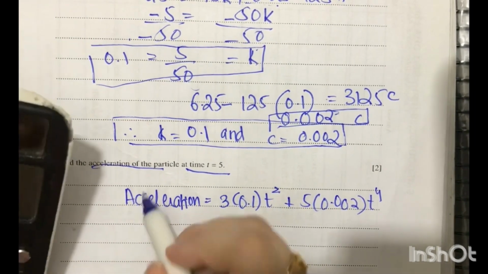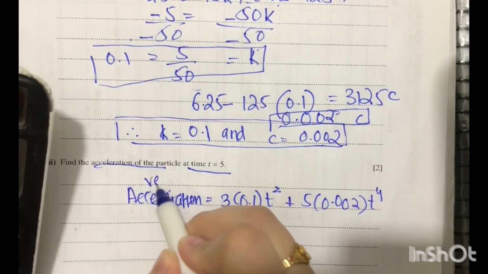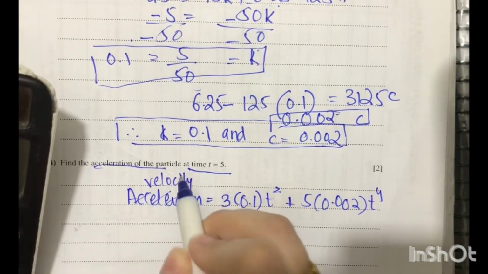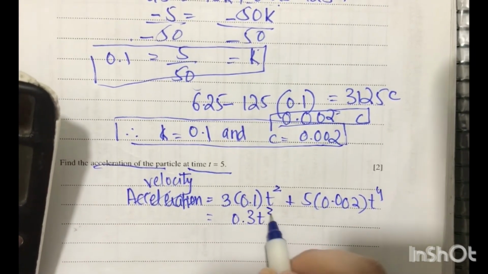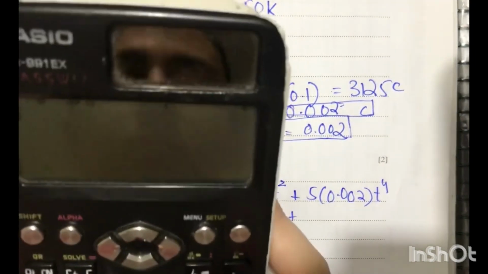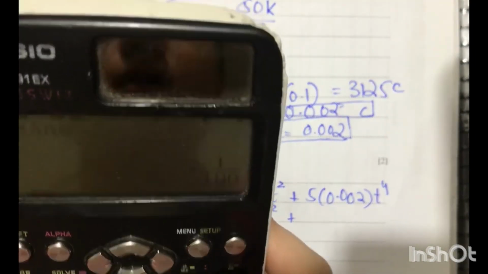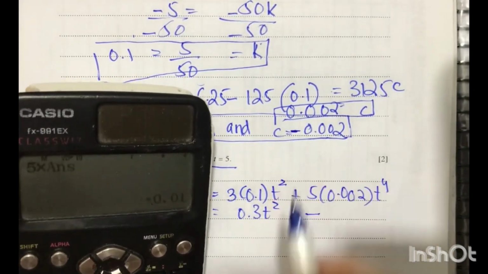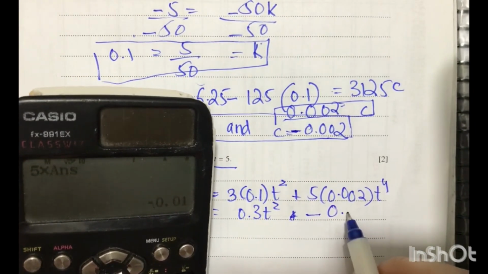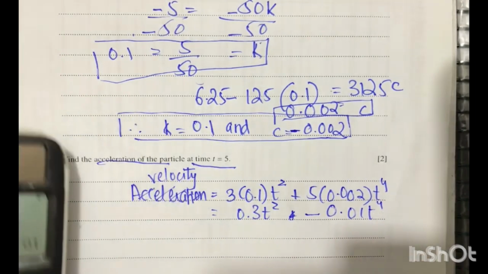And sorry, this is velocity, my bad. So this will become 0.3 t square minus 0.01 t to the power 4.